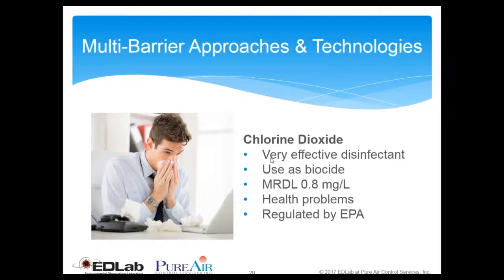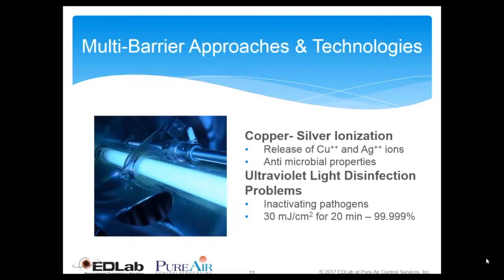The next one is a very interesting one. It basically works as an ionization technique in which copper and silver ions are released in the water, and these copper and silver ions, understood as antimicrobial ions, take care of Legionella, having a lethal effect on it. So it has good antimicrobial properties, and it is being used as a modern, environmentally friendly technology.